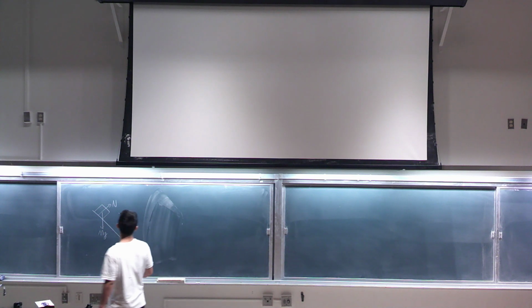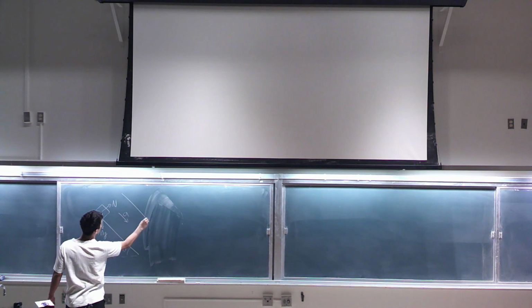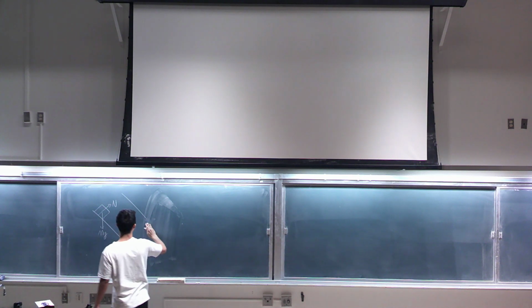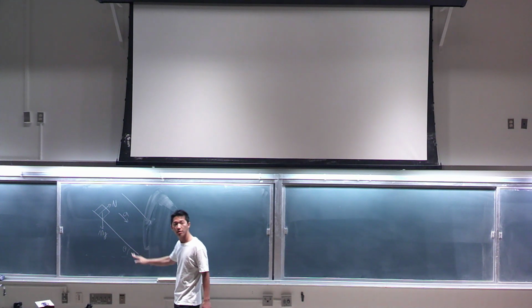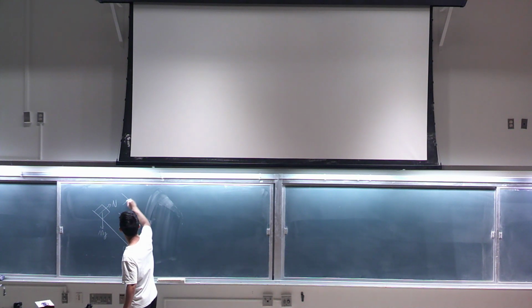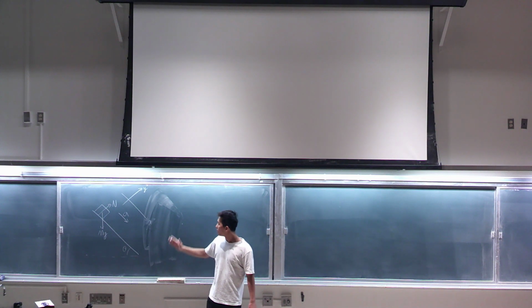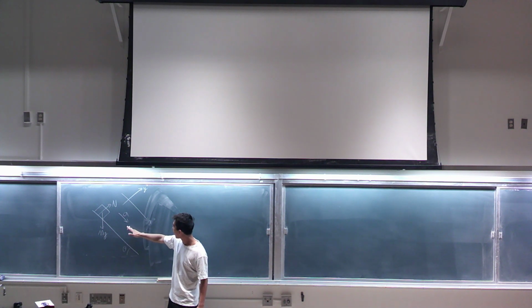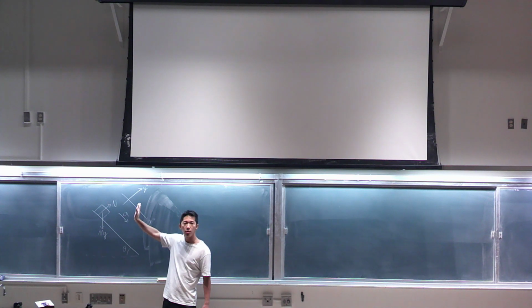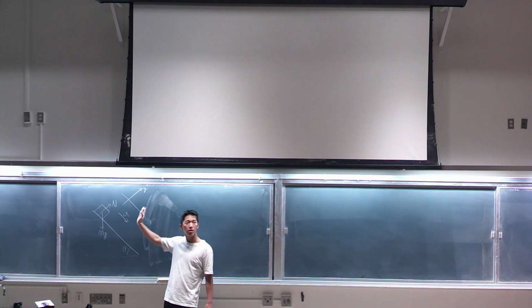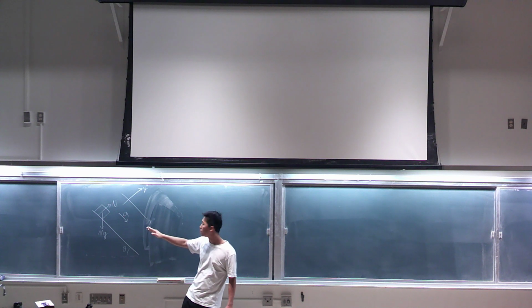We are going to place our x-axis like this along the slope, and the y-axis needs to be perpendicular to it. So, does the acceleration have an x component or y component? X or y? X, good.